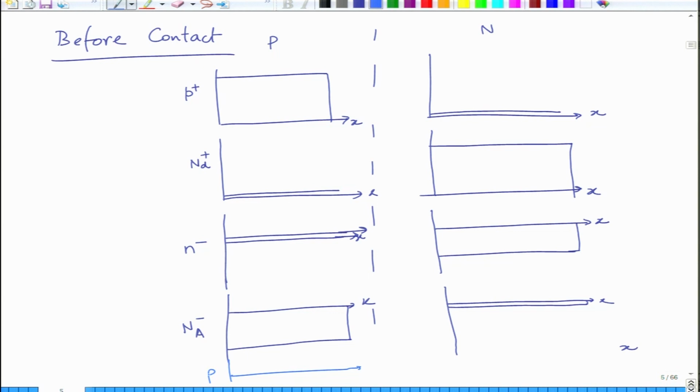So if you plot rho, the net charge density in both of these semiconductors, it will be 0, because positive and negative charge, P plus Na minus plus N minus plus Nd plus is equal to 0, right, in a semiconductor before making a contact. So if that is the case, then this is before the contact.